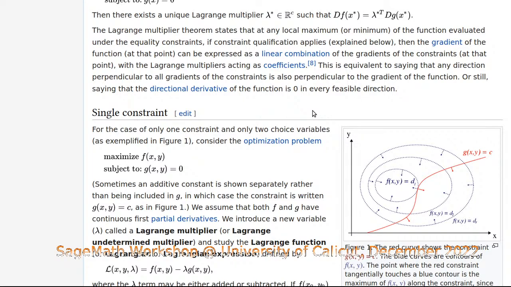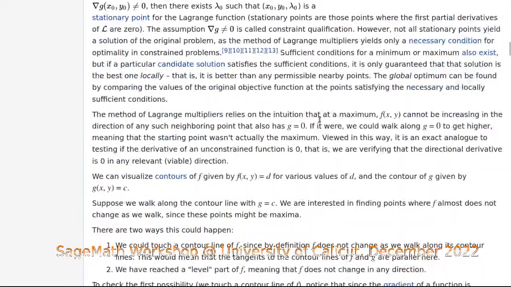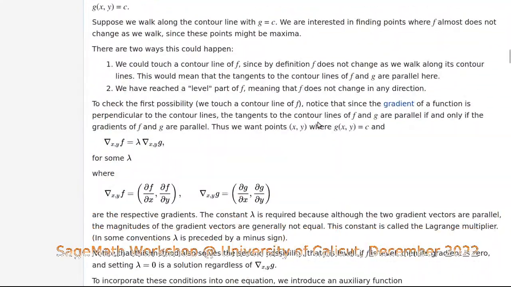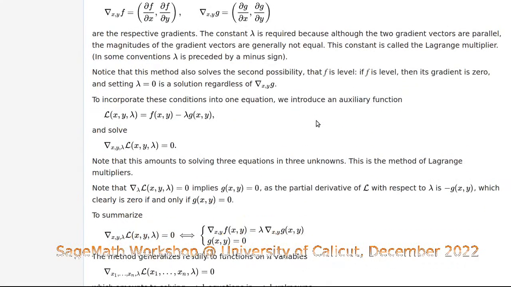So the problem looks like maximize, or sometimes minimize. Since maximization of f(x,y) is the same as minimization of minus f(x,y), maximization is good enough to understand the problem. So maximize f(x,y) subject to this constraint. I'm not going into the detailed theory of that. What we essentially do is solve the Lagrange multiplier equation: the gradient of f(x,y) minus lambda times g(x,y) equal to 0.